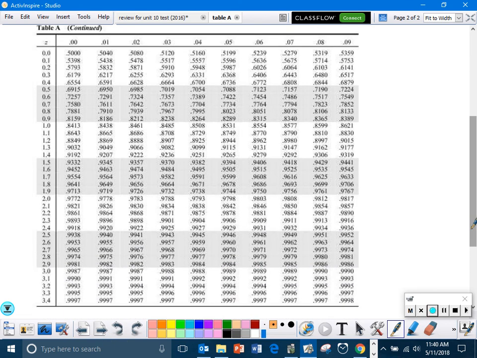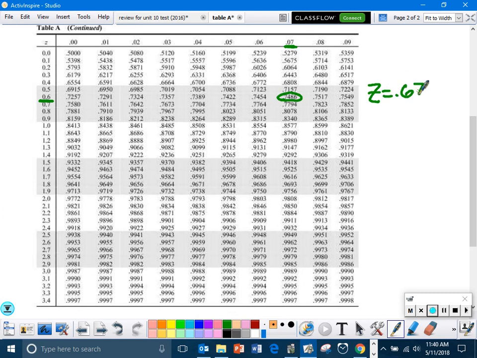I get as close to 0.75 as I can get, and it looks like the closest I can get to 0.75 would be this one, 0.7486. So my z-score is 0.67. Okay, that's going to be my z-score, 0.67.